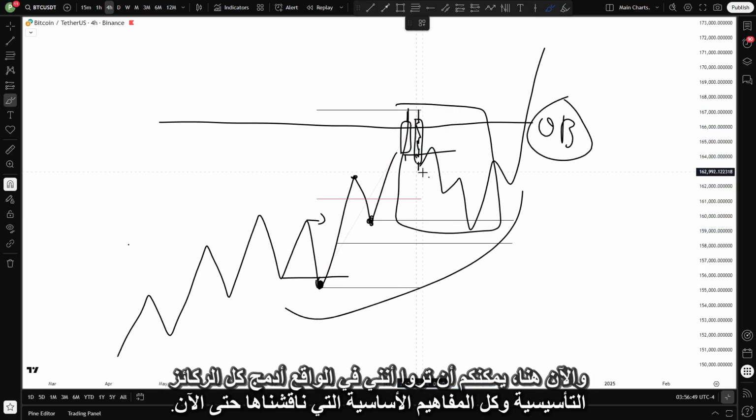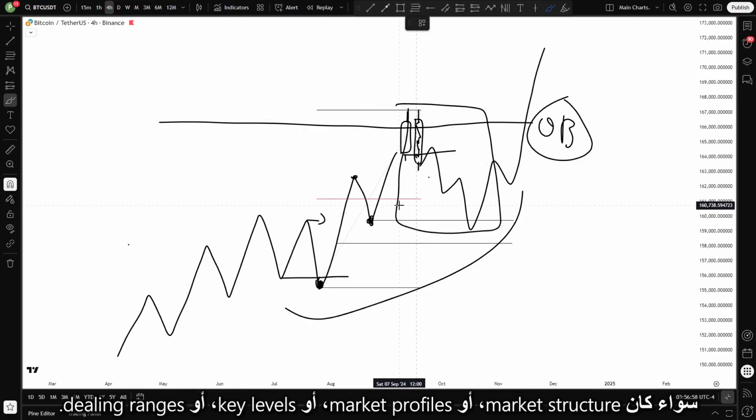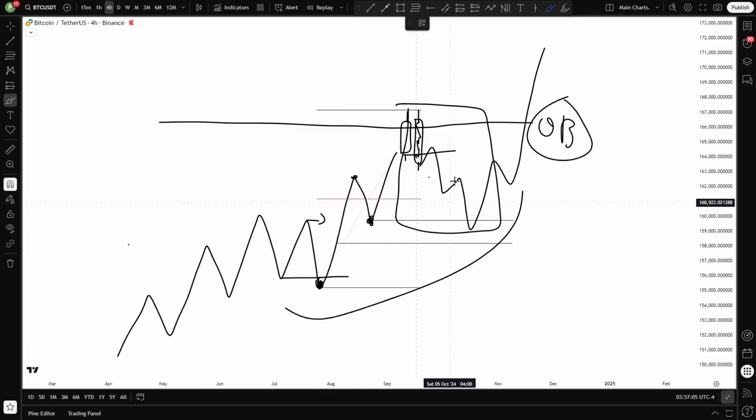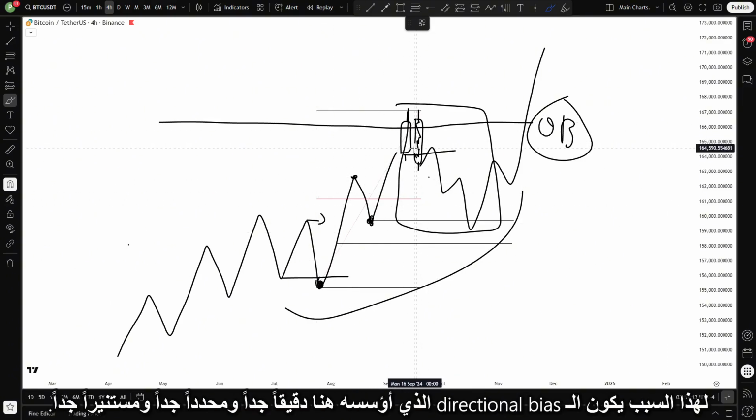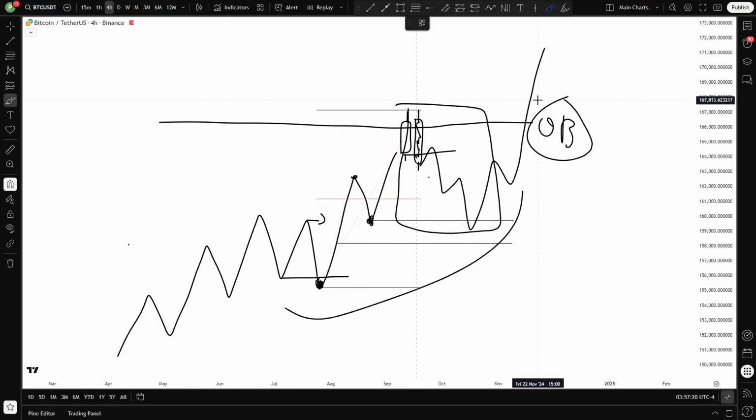Okay, and now right here you can see that I'm actually combining all of the foundational pillars and all of the core concepts that we've discussed so far, whether it's market structure, market profiles, key levels or dealing ranges. And because I'm combining all of them together and integrating them with each other in a proper manner, that's why the directional bias that I'm establishing here is so accurate and so precise and so informed.